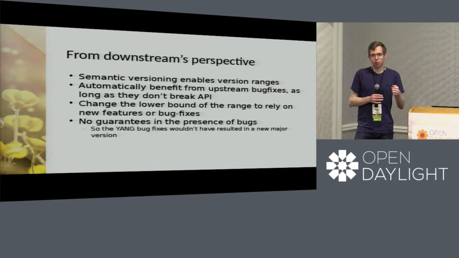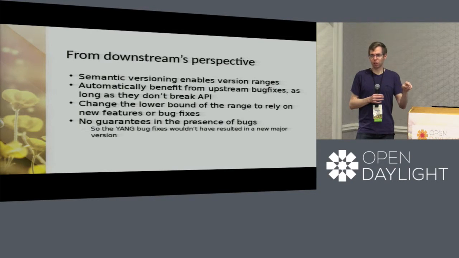But we could say I want to use Yang Tools version 1, open bracket, comma 2, closing parenthesis, and that tells Maven that any version 1 Yang Tools artifact is okay, but not version 2.